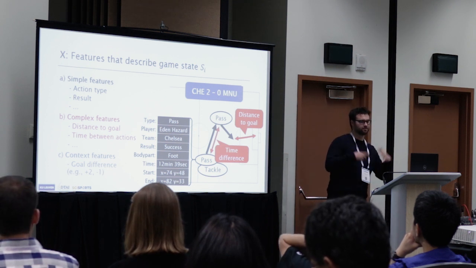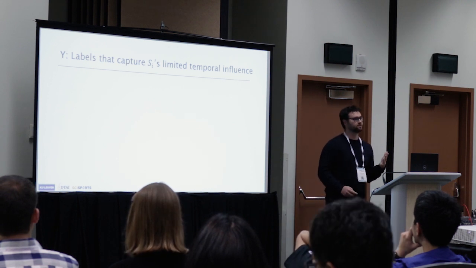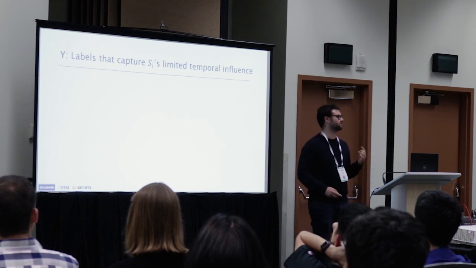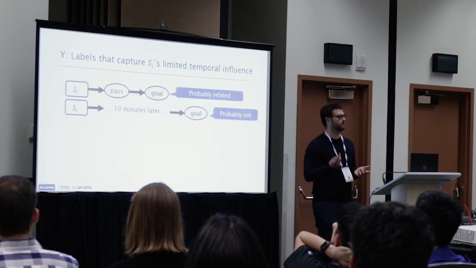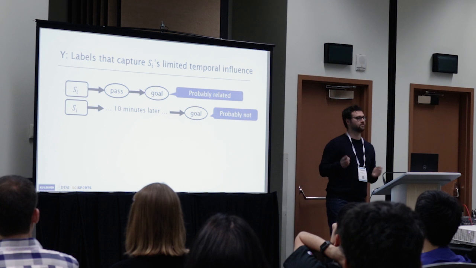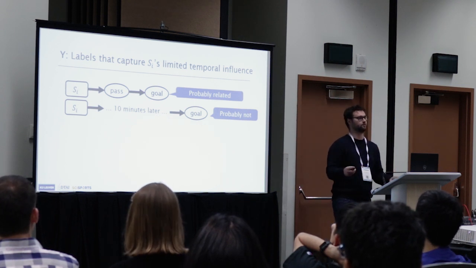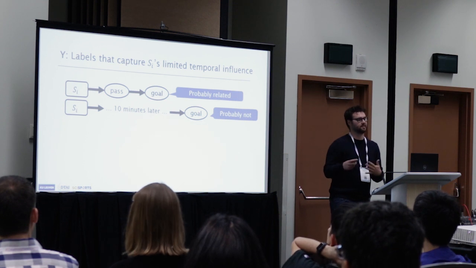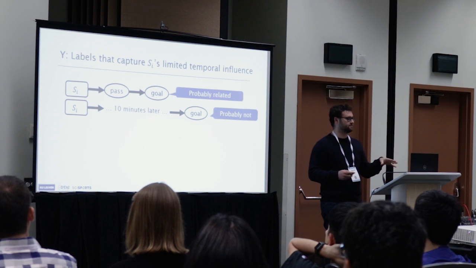Okay, so that's the features that describe the game state covered. Now we need labels, and we need labels that capture the limited temporal influence of a game state. What exactly do I mean by a limited temporal influence? If you have a certain game state and then a pass occurs and then immediately a goal is scored, then you can say that there's probably some relation, some influence between that game state and the goal.